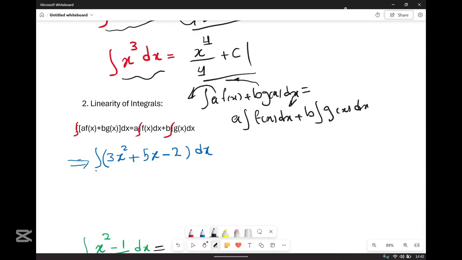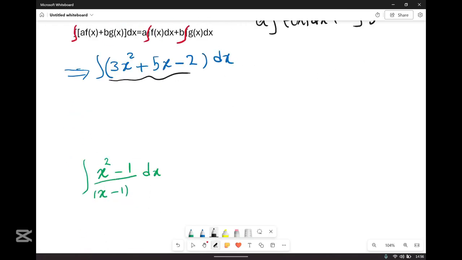Okay, let's go to an explicit example. By the linearity property, it is 3 integral of x power 2 dx plus 5 integral of x dx minus 2 integral of 1 dx.